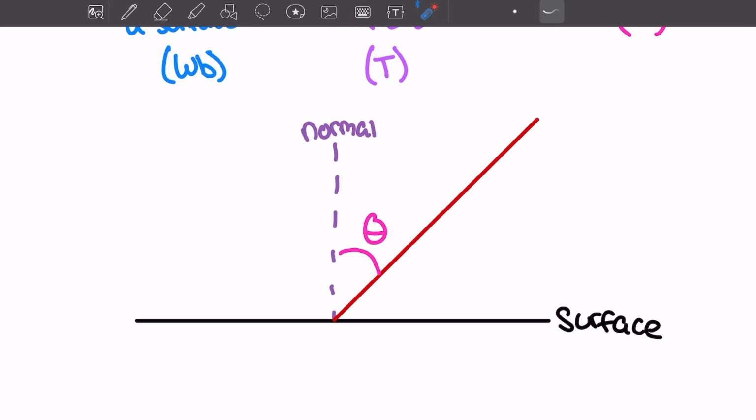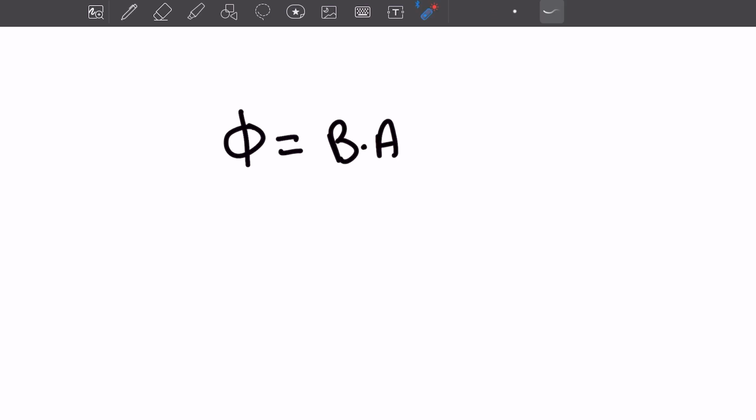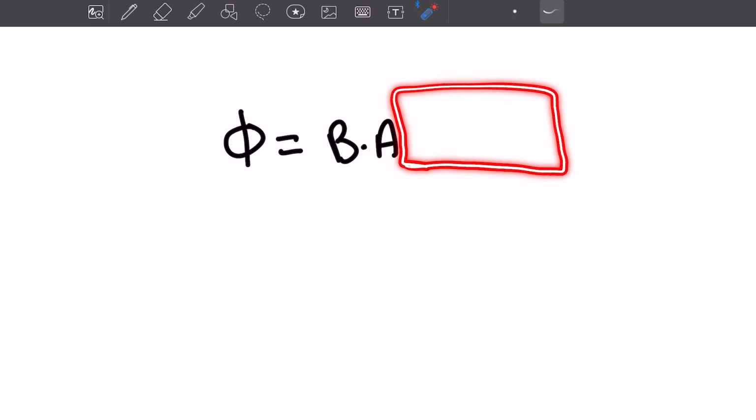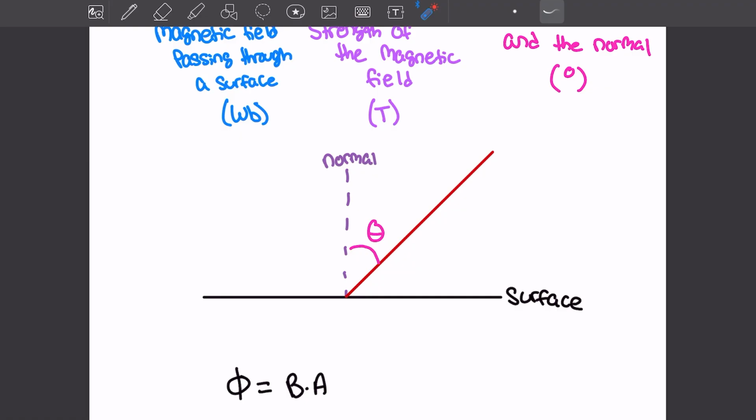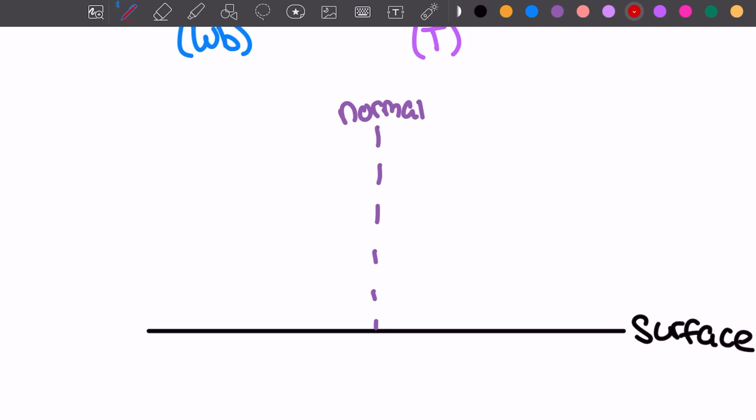Now, there is one more thing I want to go over here. You've probably also seen the equation written out like this: phi equals B times A, with no cosine theta right here. This is only true when the magnetic field is perpendicular to the surface, and we can visualize this quite easily. If our magnetic field came in perpendicular to the surface, then the angle between the field and the normal would be 0 degrees.